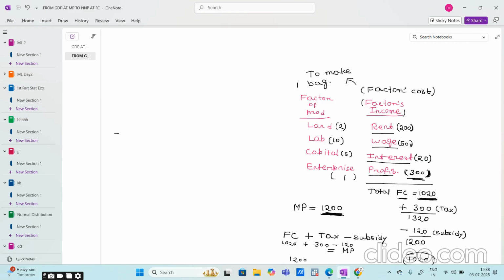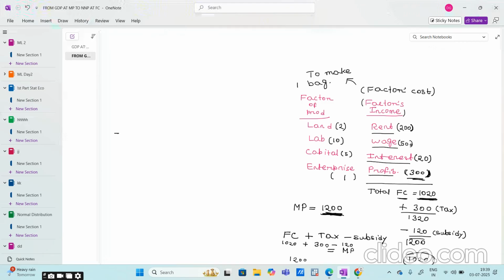But the government has given a subsidy worth 120 rupees to the company. So they subtracted that 120 rupees from that total sum of 1320. So that has become 1200 rupees.